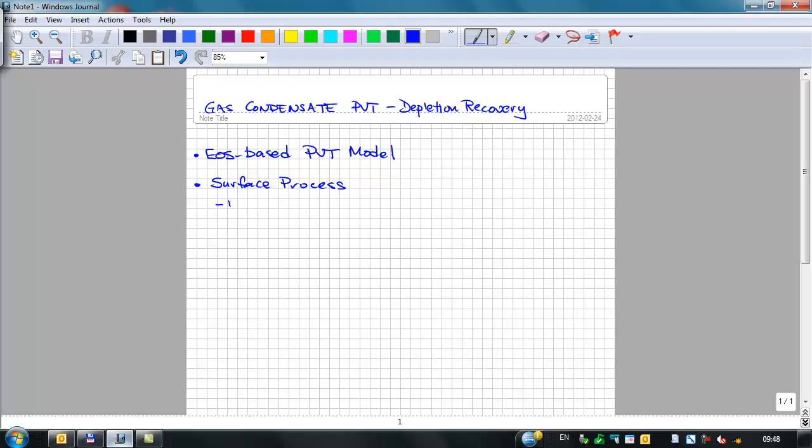So this needs to be defined consistently between the PVT simulator, which we're going to use PhaseComp, and the reservoir simulator, which we'll be using Sensor.